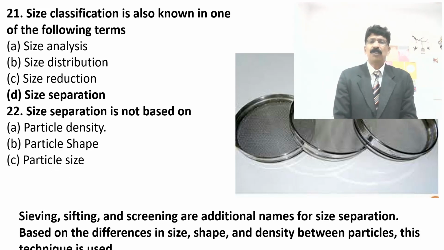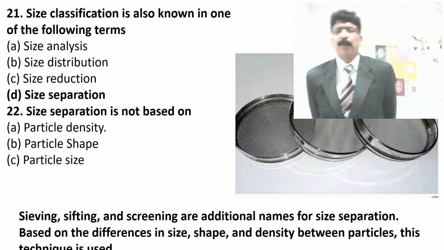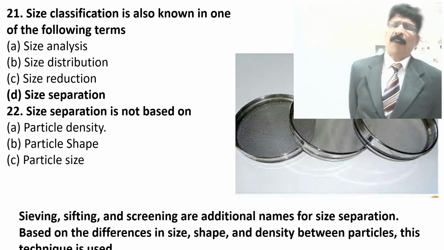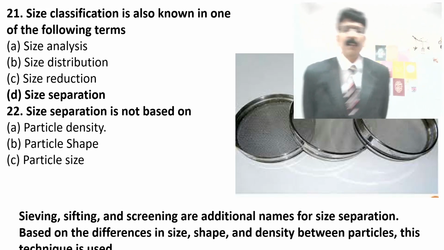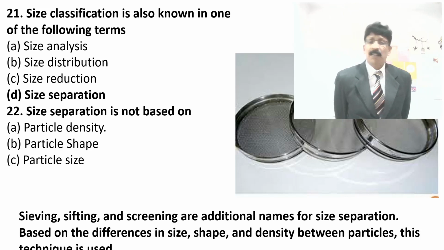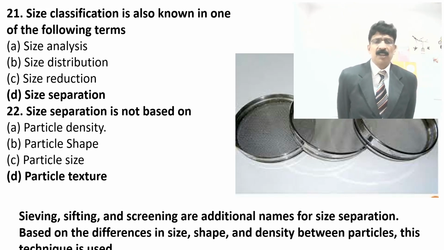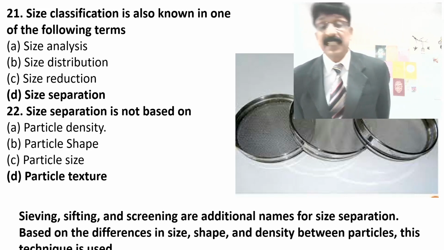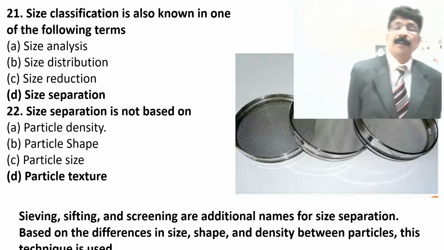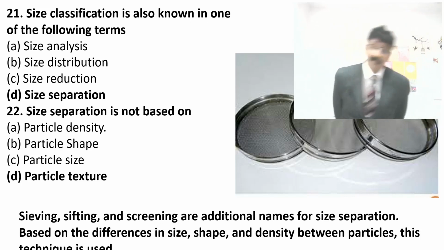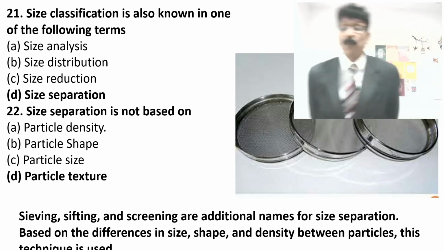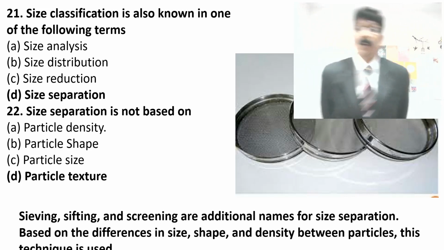They are asking what it is not based on. It is based on particle size, because you are separating small and big sizes, mesh 20, mesh 44, mesh 4 and so on.